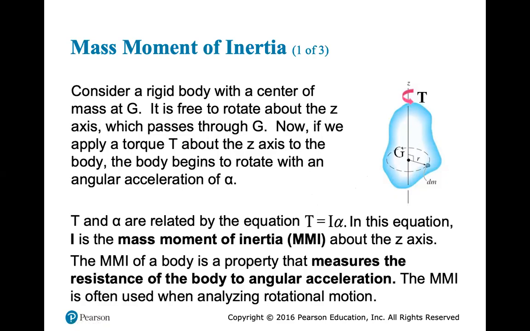From this picture, they come up with a number called I, capital I, the mass moment of inertia, and it measures the resistance to rotation about the z-axis, or the axis of rotation.